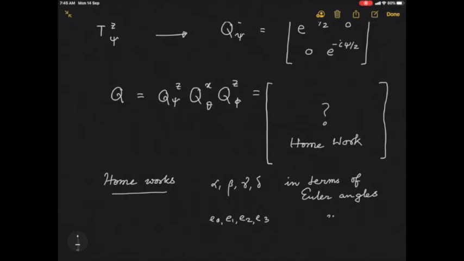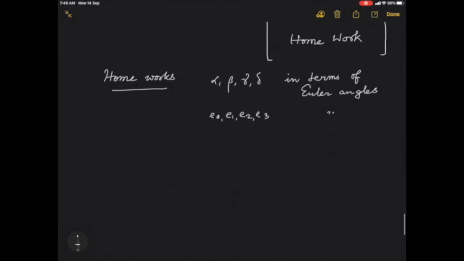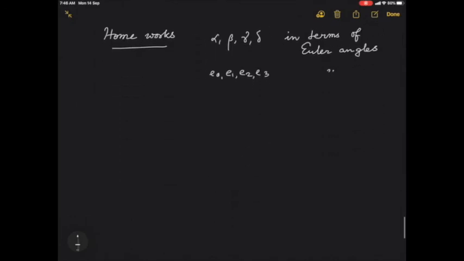This will give you an idea about the relation between different types of parameters. So you have a couple of things to discuss, and I promised you why it is interesting to write Q in terms of e0, e1, e2, and e3, yet another set of parameters. So let us discuss that now.